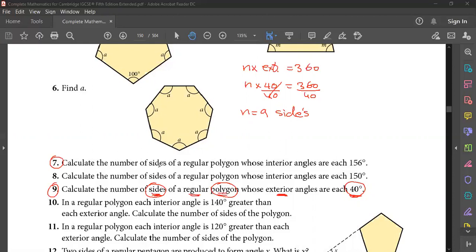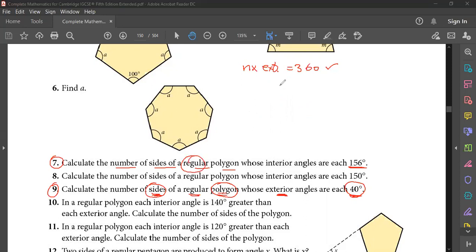Calculate the number of sides for a regular polygon, Hashem. Its interior is 156. First we do 180 minus 156. Hashem wants to find the exterior using this simple rule and takes advantage of the polygon being regular.